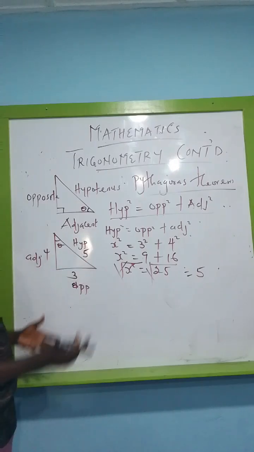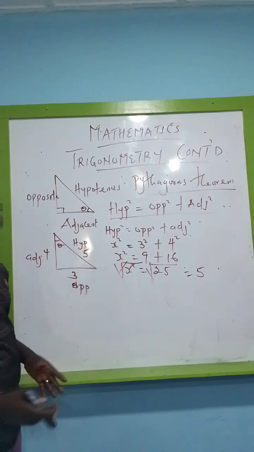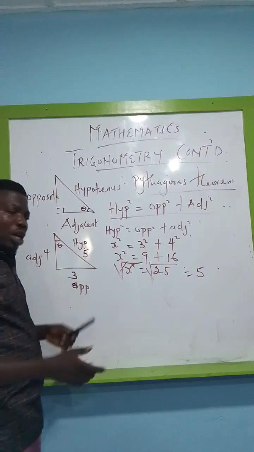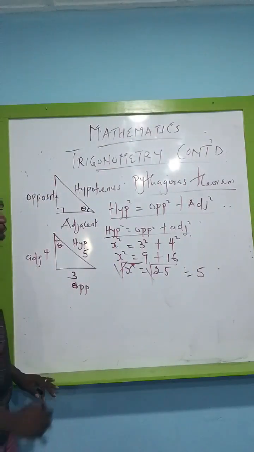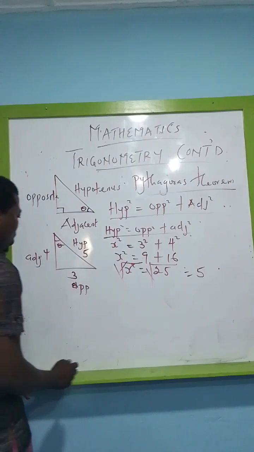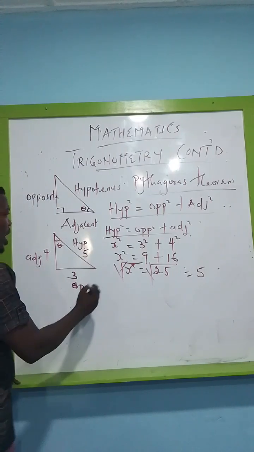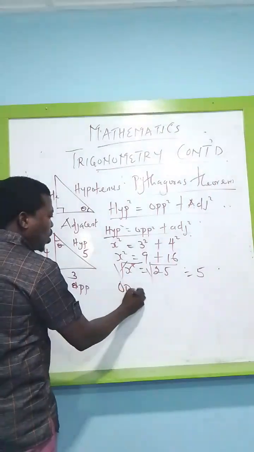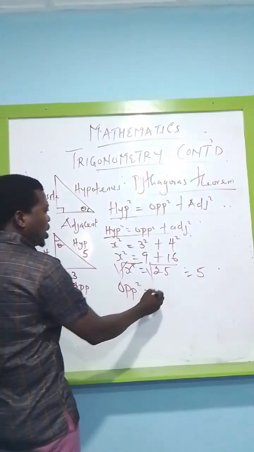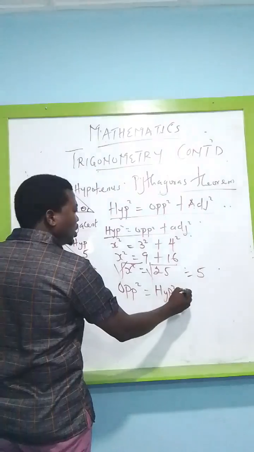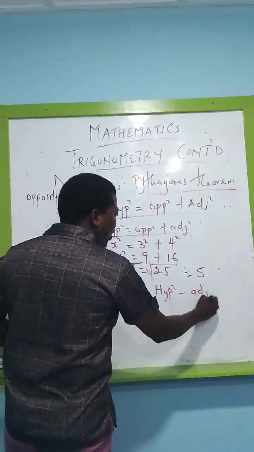But if it's not the hypotenuse that is given, then we have to find the other side. If it's the opposite, we can change the subject of the formula. In a situation whereby I'm asked to find the opposite, I'll say opposite squared equals hypotenuse squared minus the adjacent squared, since the adjacent term comes here.